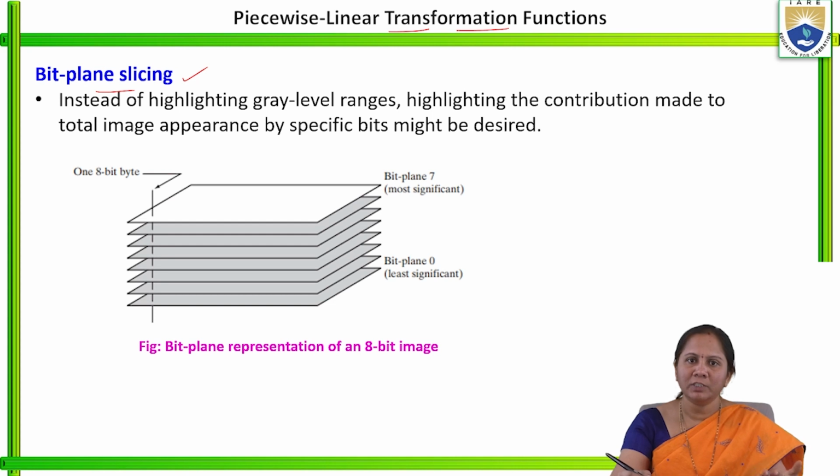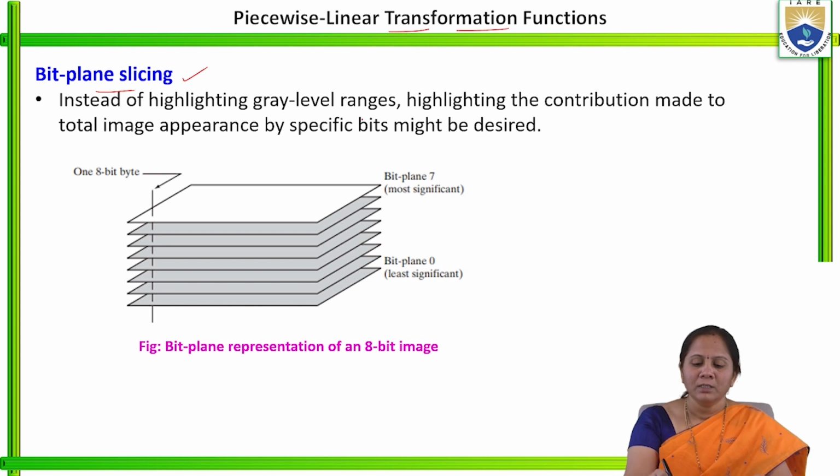So that is the major difference between intensity level slicing and bit plane slicing. Intensity level slicing is going to highlight only a particular area in an image, whereas bit plane slicing is going to highlight the entire image.